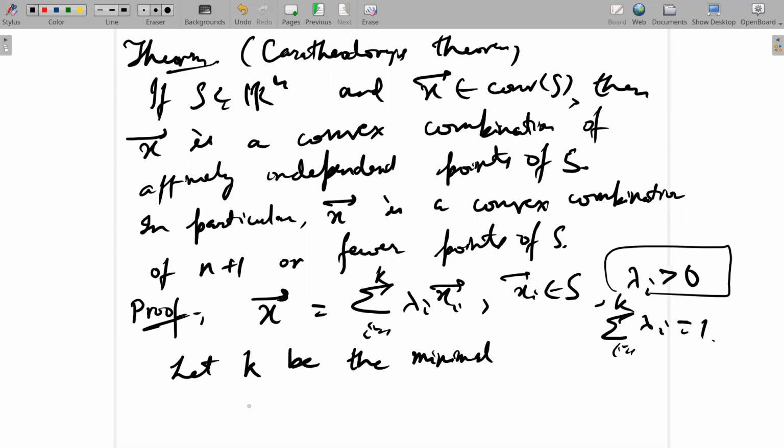Of course, the claim is not that the xi's will be unique for that minimal k, but that it is not possible to write x in this manner with k minus 1 vectors where all these lambda i's are strictly positive and sum to 1. And k cannot be lower than 1, it cannot be 0. So there is such a number.